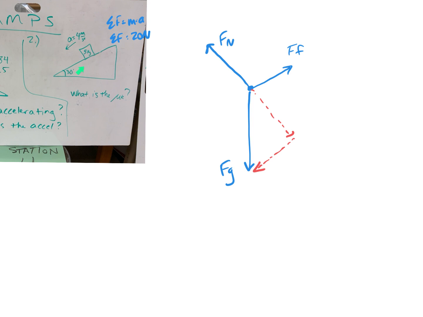Now that the ramp has changed orientation from the first problem, perpendicular is this way first and then parallel. And if you always get in the habit, that's what places that angle correctly for you, sandwiched between the gravity and the perpendicular component. So again, I have mg cosine theta, and I have mg sine theta.